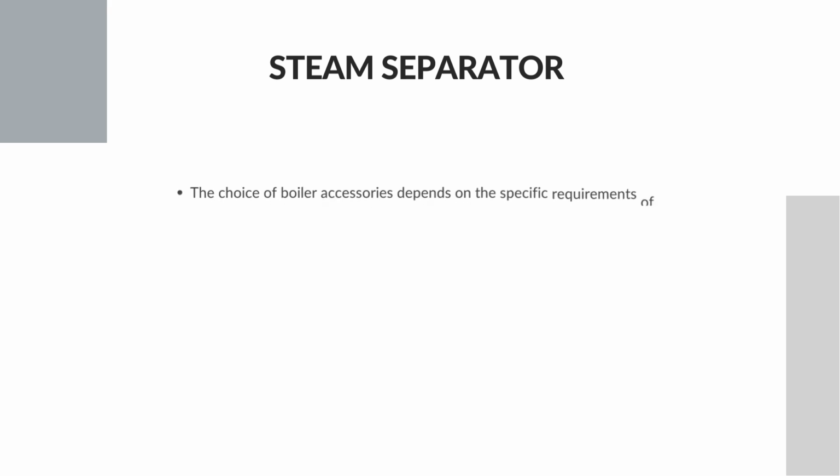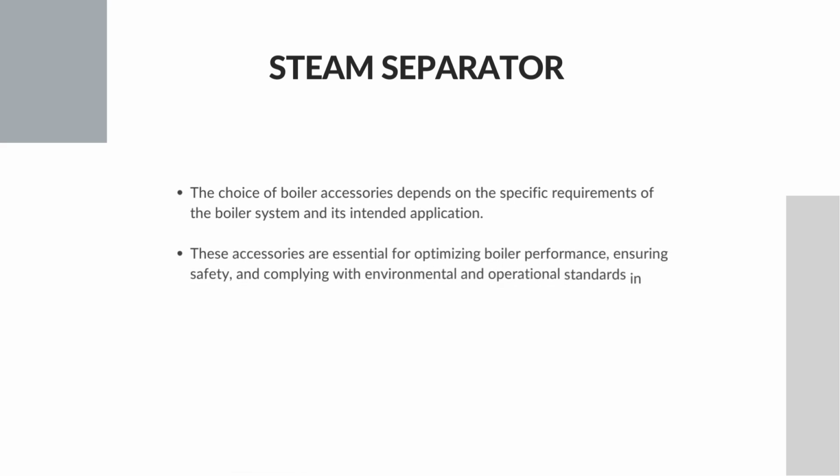The choice of boiler accessories depends on the specific requirements of boiler systems and its intended application. These accessories are essential for optimizing boiler performance, ensuring safety and complying with environmental and operational standards in various industrial and commercial settings.